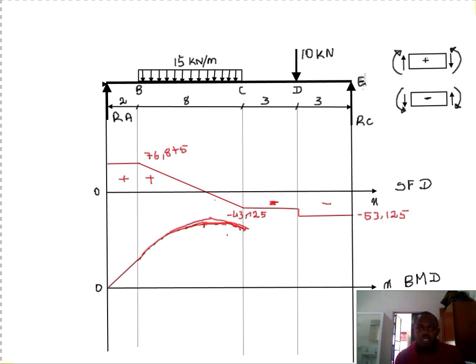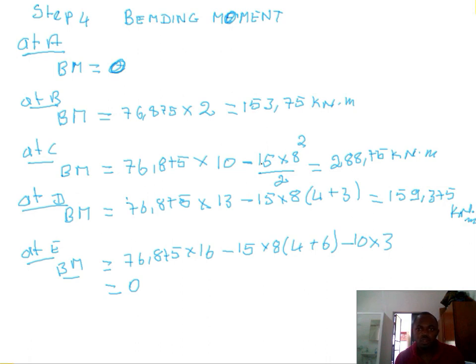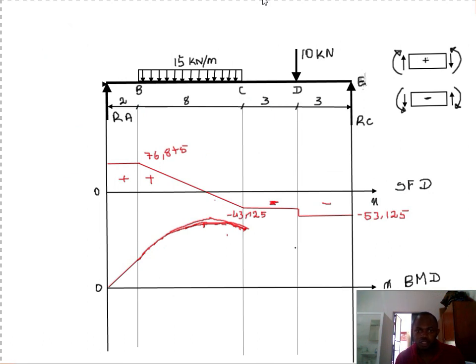And from here, the bending moment at C is equal to 288, and then at D it will reduce to 159. So it will be somewhere here, and then it is a straight line.